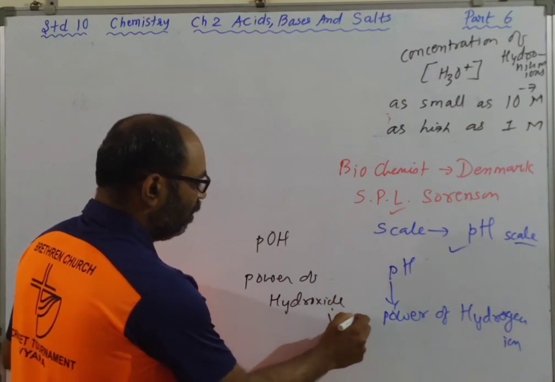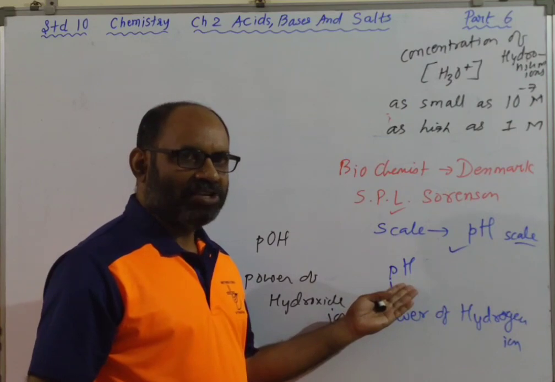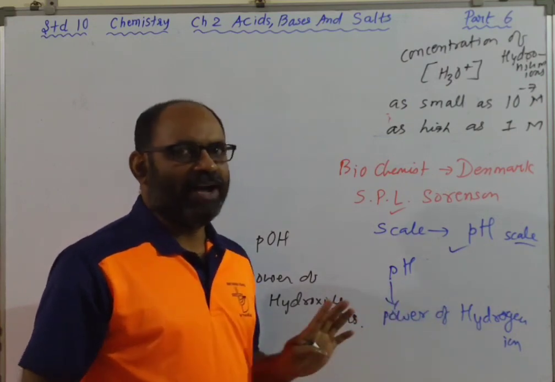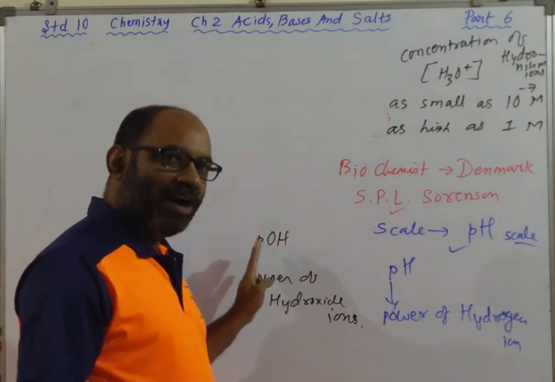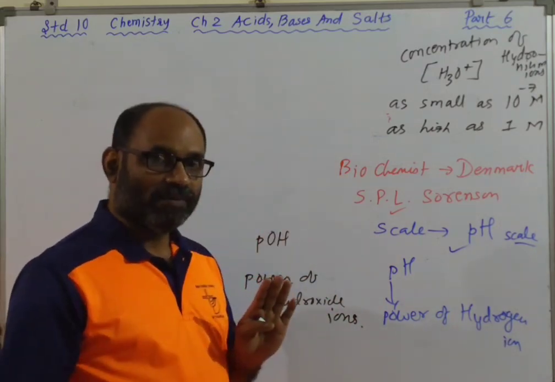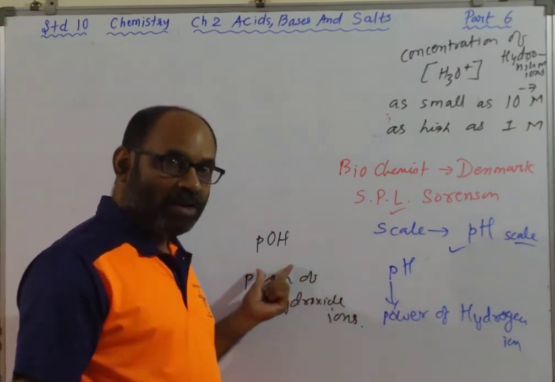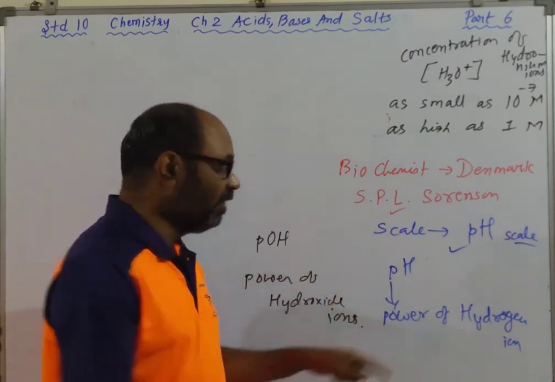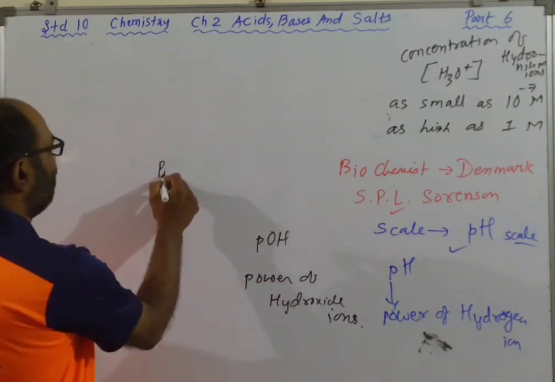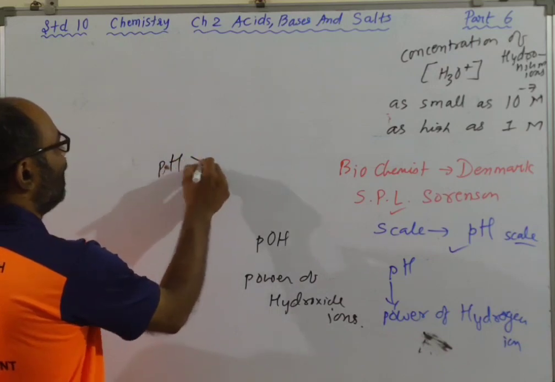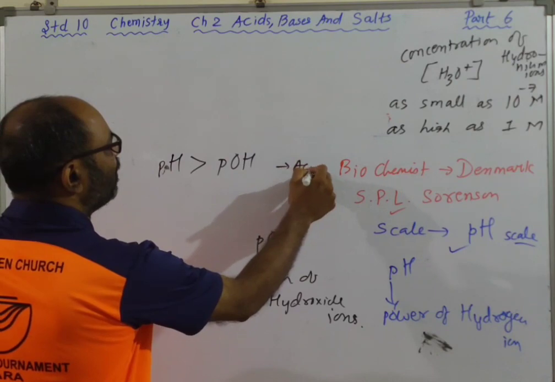Well, no need to say, if you are measuring pH, that means power of hydrogen ion is more. If you are measuring pOH, power of hydroxide ion is more. Alright. When power of hydrogen ion is more than the power of hydroxide ion in the solution, then that substance is acid. Alright, let me write here. If pH is greater than pOH in the solution, it is going to be acid.